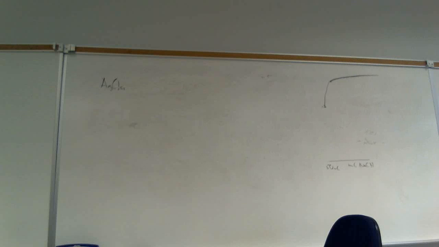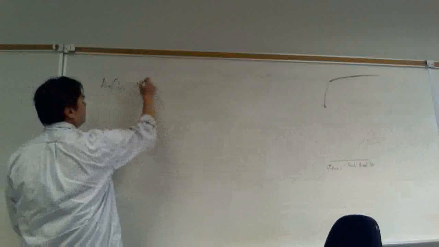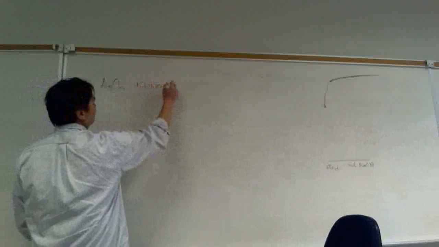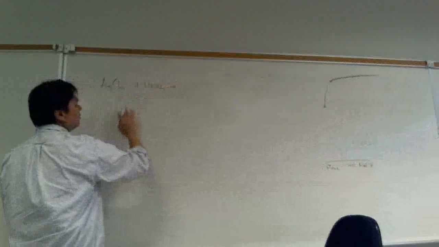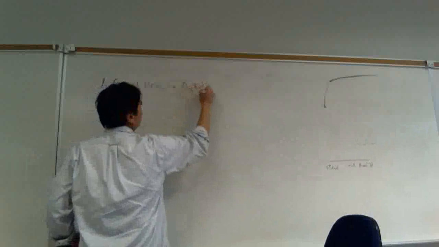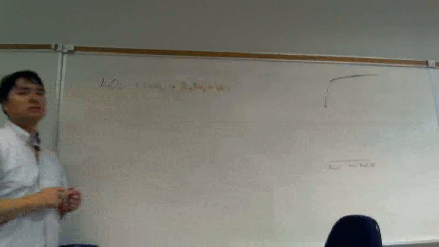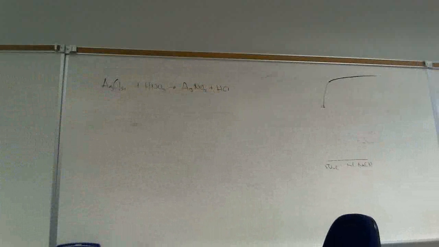So I had to come up with other methods. One of the methods is to try to dissolve it in acid. That's common. You could try to dissolve this in acid, like nitric acid. But is there a driving force for this? This is going to form silver nitrate and hydrochloric acid. Is there a driving force for this?